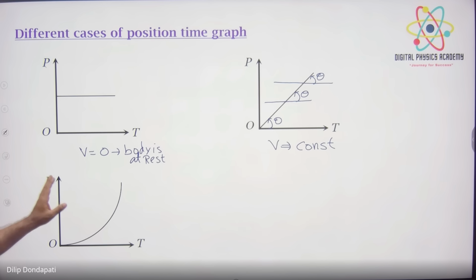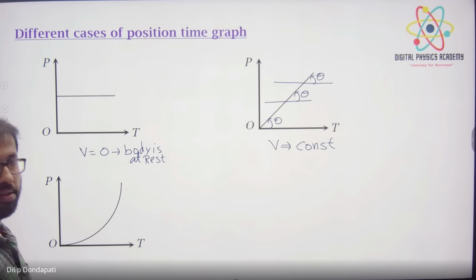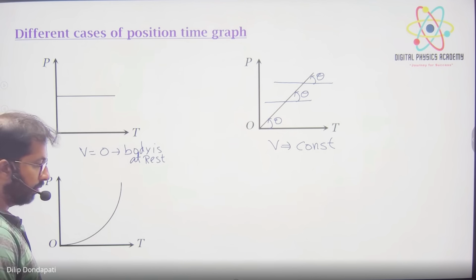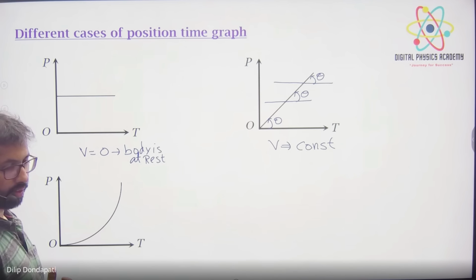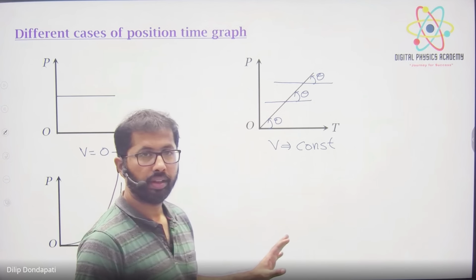This is a displacement time graph. Position means nothing but displacement time graph. Sir, velocity is increasing. Why? Because at every point the theta is increasing. Okay, tell me the value of tan theta. To find velocity, what do we have to do, Ananya? We have to find the slope.